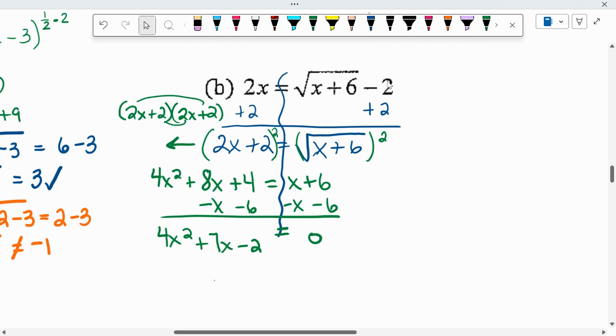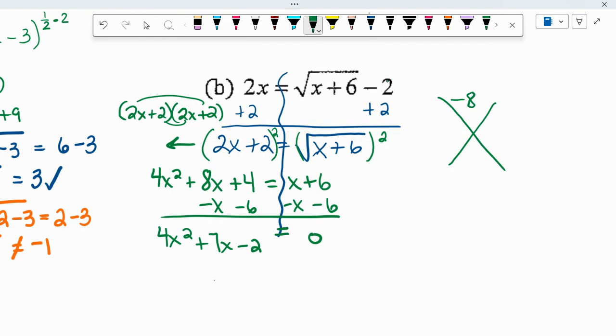So let's see. I'm looking for 2 numbers that multiply together to give me -8, that when I add them, I get 7. 8 and -1. So 4x squared plus 8x minus 1x minus 2. Do you guys remember doing this?